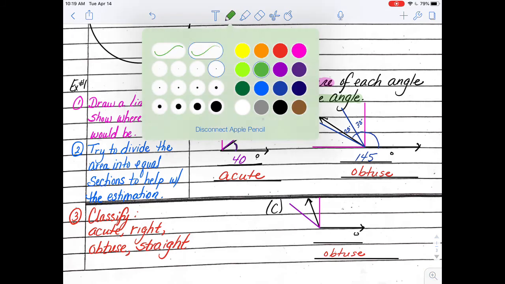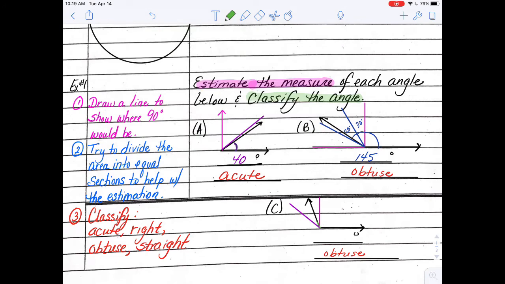If I go ahead and cut it into 3 pieces, I made too many lines on that one. Maybe around 3 there. That would be the 30 marks. Well, it's definitely less than 30.